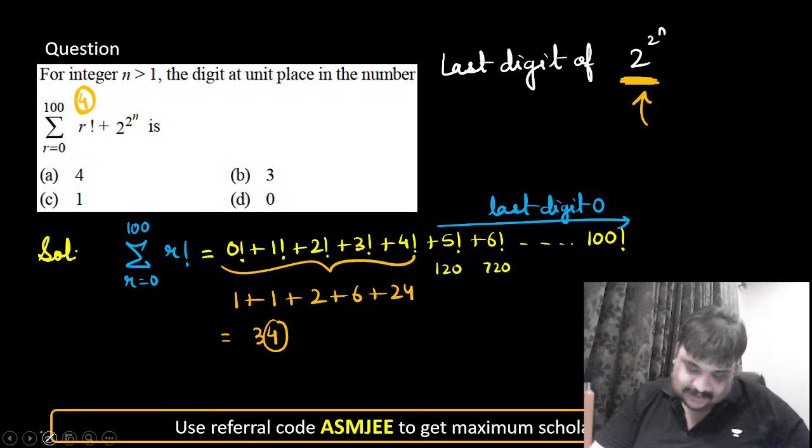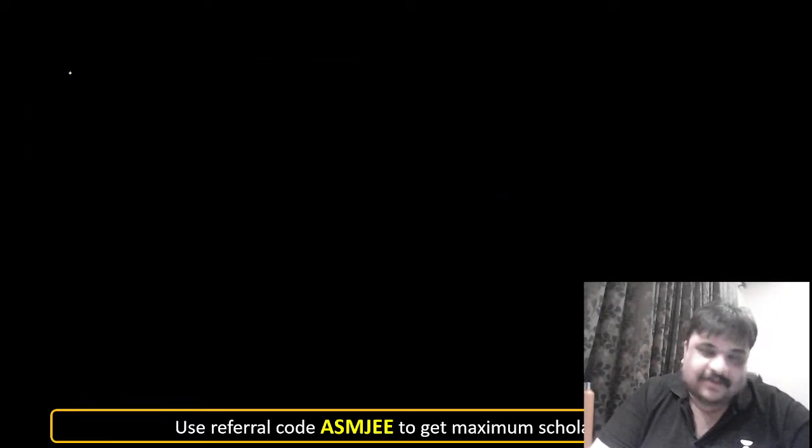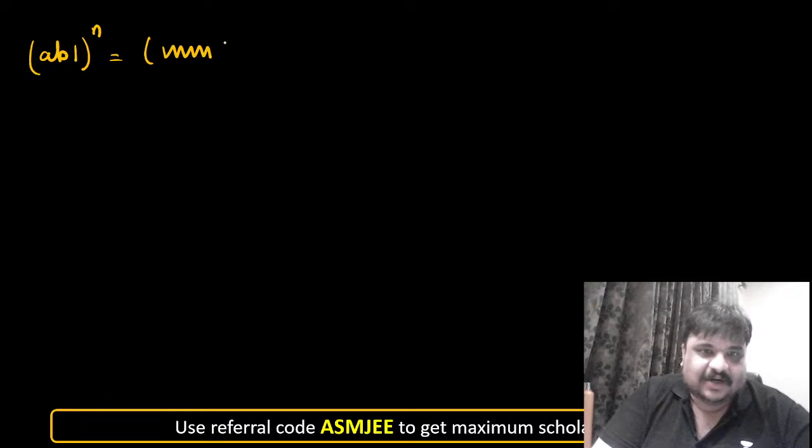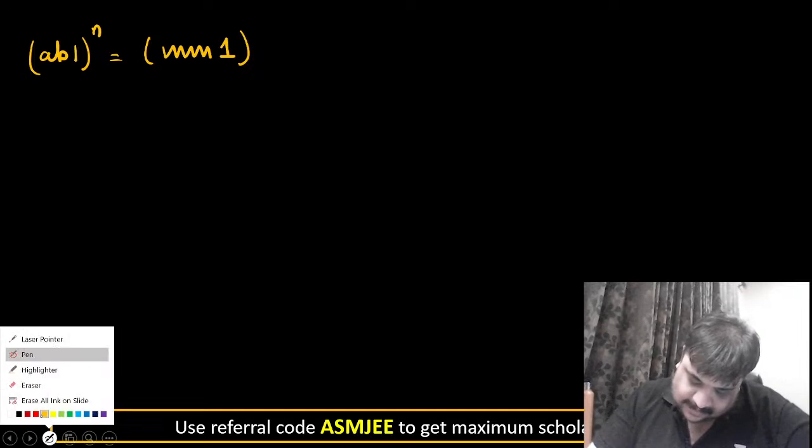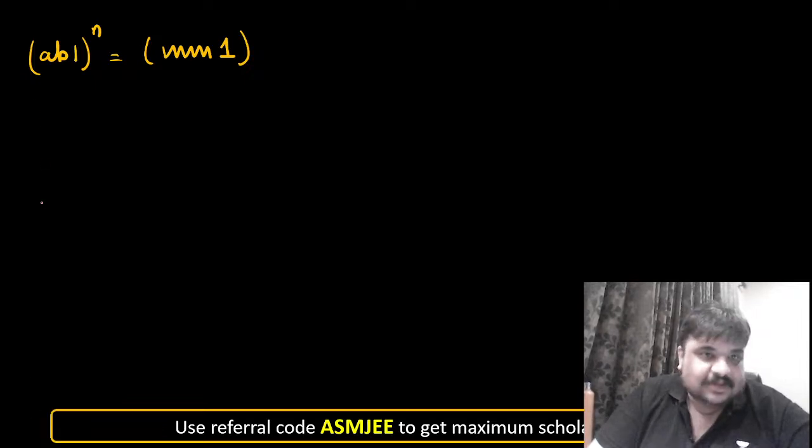Now see, for powers, remember the last digit always follows a pattern. Suppose there is a number AB whose last digit is 1. You put any power, it will become some big number, but the last digit will be 1 only. Similarly, take any number whose last digit is 6.